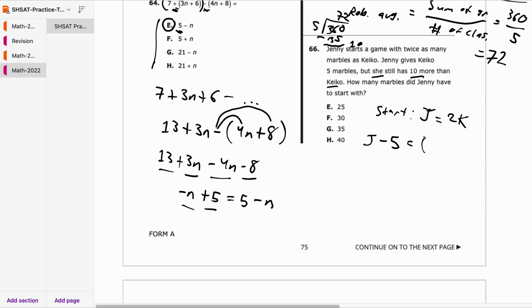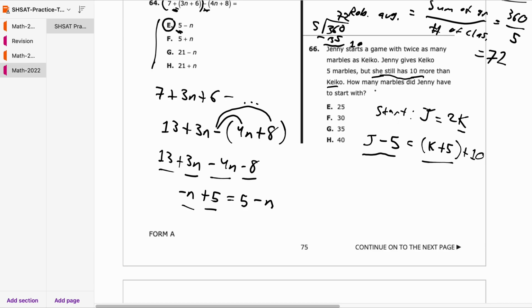So if now Kaiko started with K marbles, but she got 5 from Jenny, she now has K plus 5 marbles, but Jenny with J minus 5 marbles still has 10 more than Kaiko has, right? So plus 10. Right, so I'm just putting the equations together.